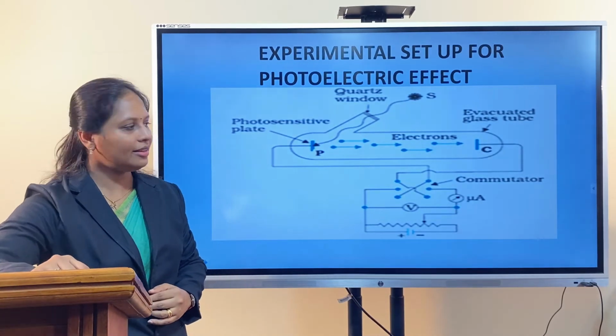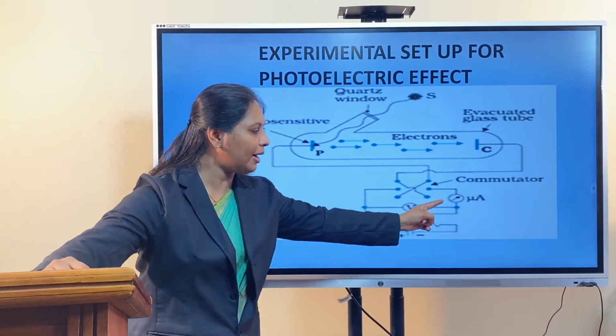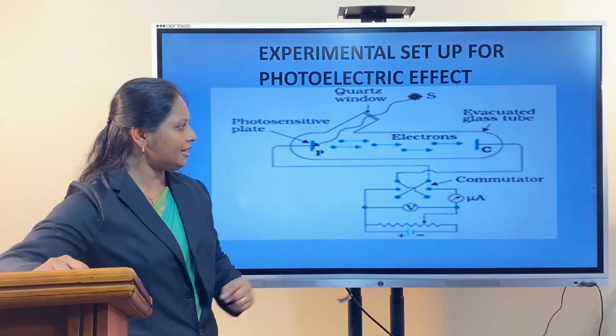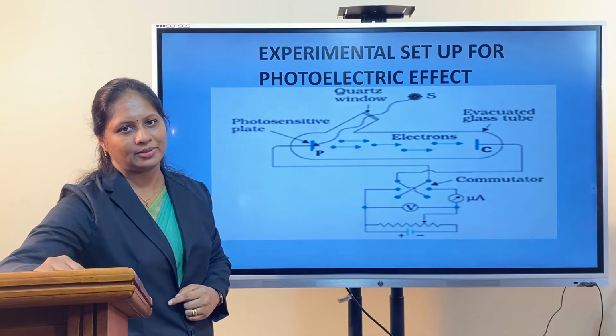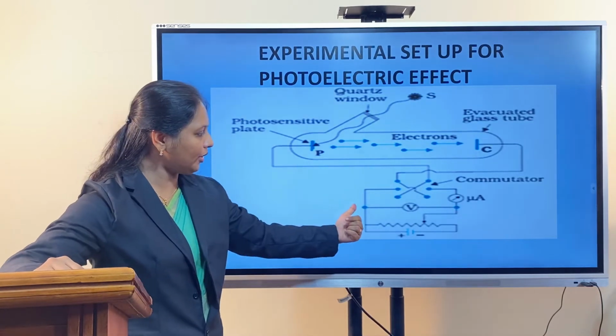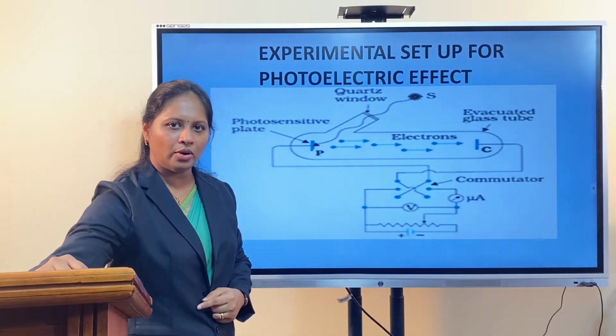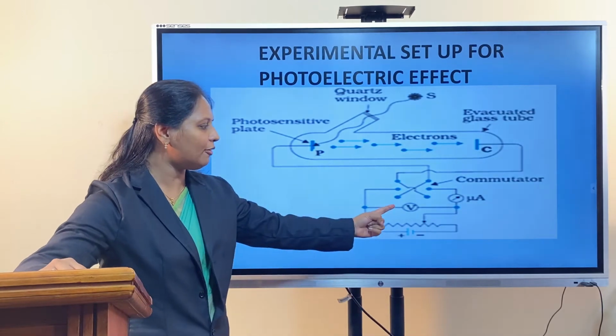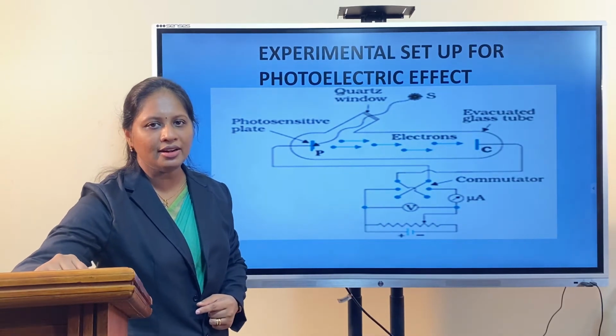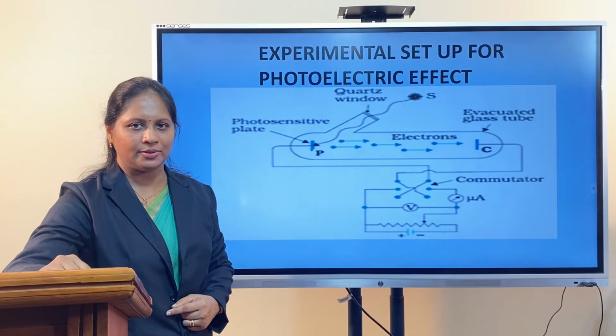This current can be measured using a microammeter connected in series to the two electrodes. And the potential difference across the electrodes is measured using a voltmeter, which is connected in parallel to the electrodes.